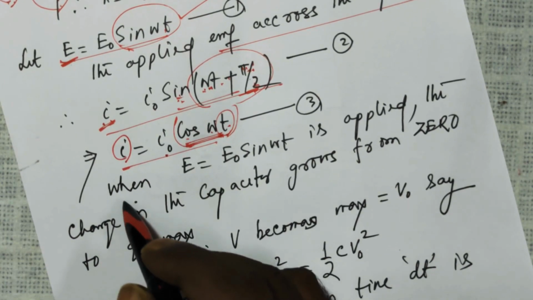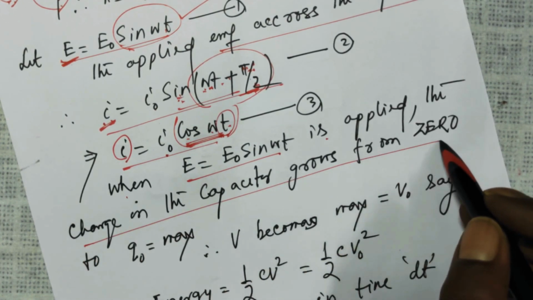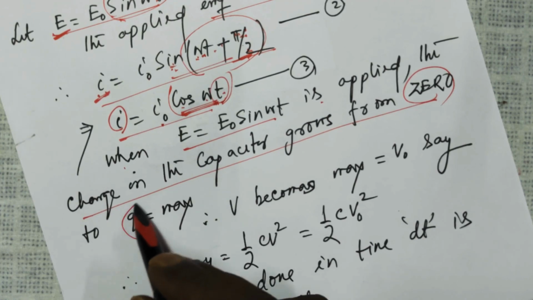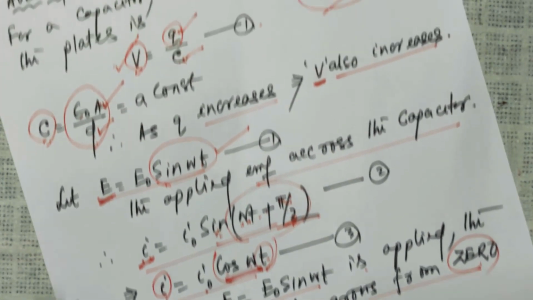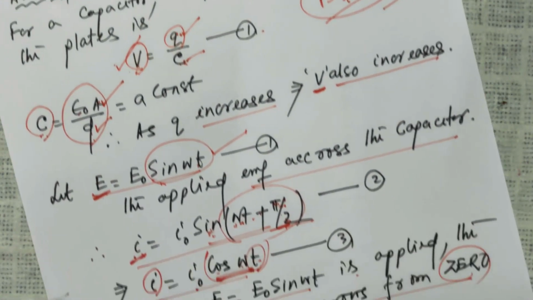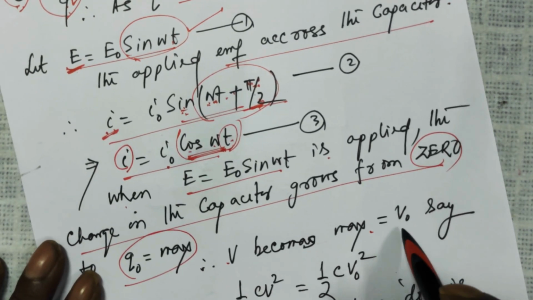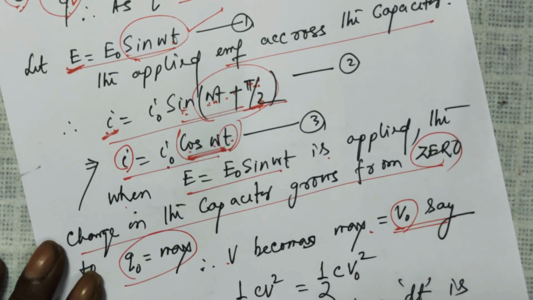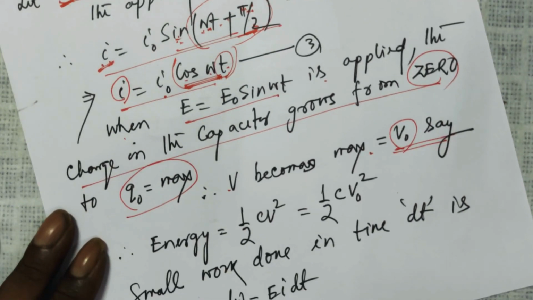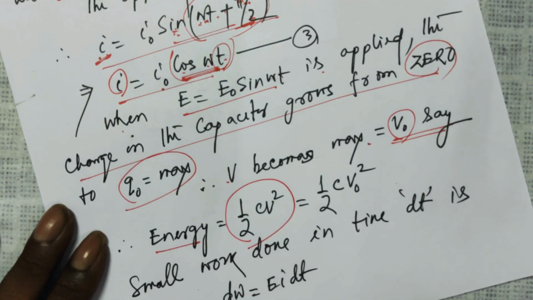So when E is equal to E naught sin omega t is applied, the charge in the capacitor grows from 0 to its maximum value, let's say Q naught. If Q becomes maximum, then this V also becomes maximum. So V becomes maximum and let it be V naught, symbolically, the maximum part, right? And we have also derived in electrostatics, the energy of a capacitor is half CV square.